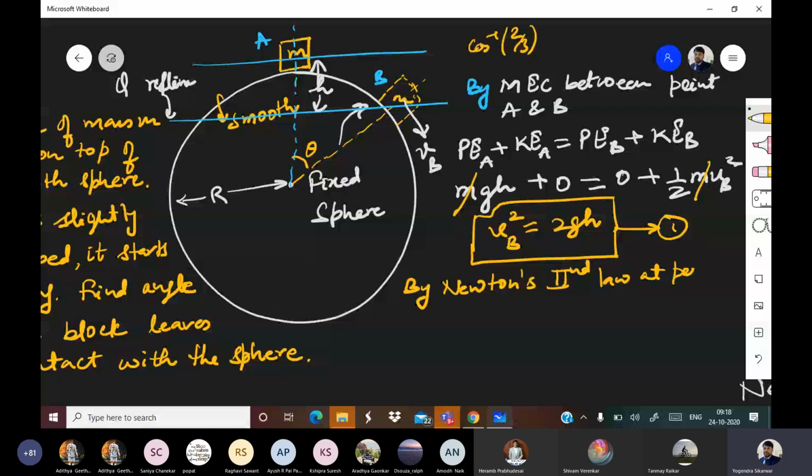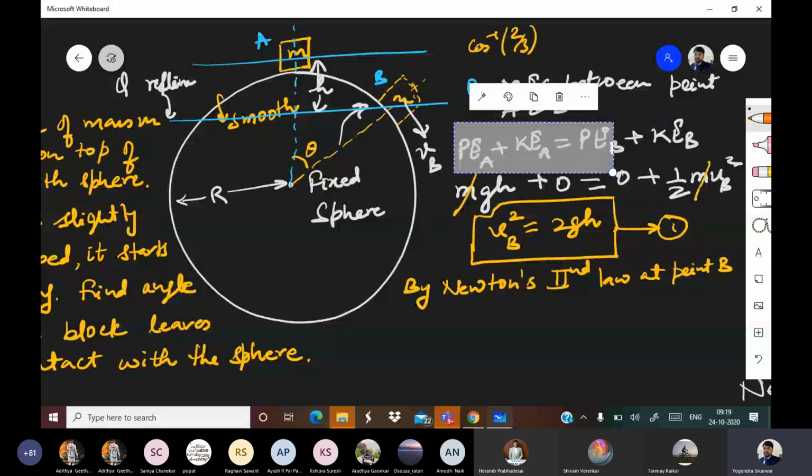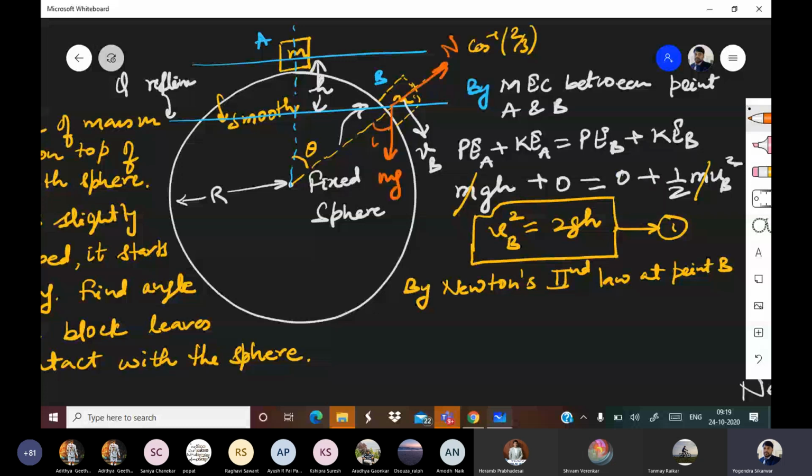So mg will be acting vertically downward. N will be acting perpendicular to the surface, right? If this angle is theta, this will also be theta. So the component along this will be mg cos theta. Component along this will be mg sin theta, right?